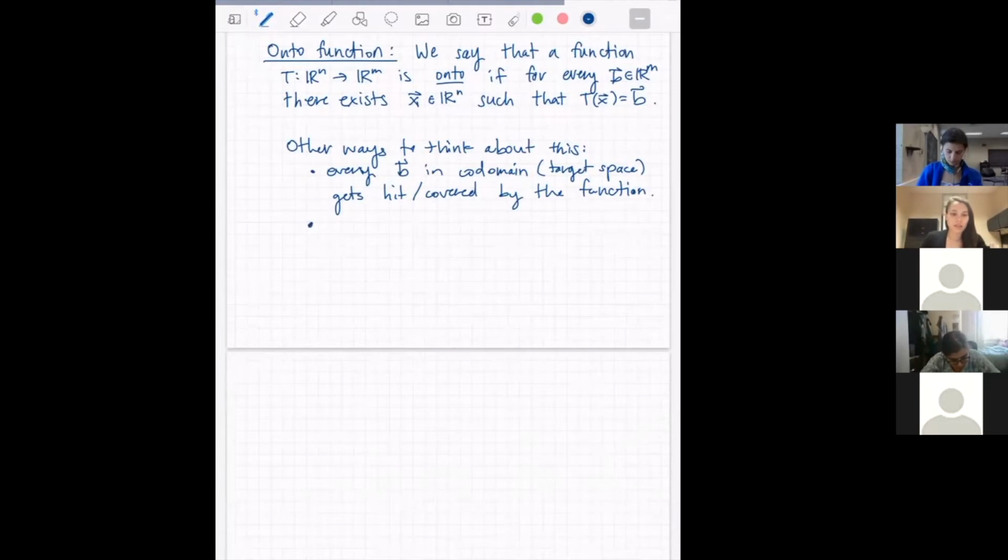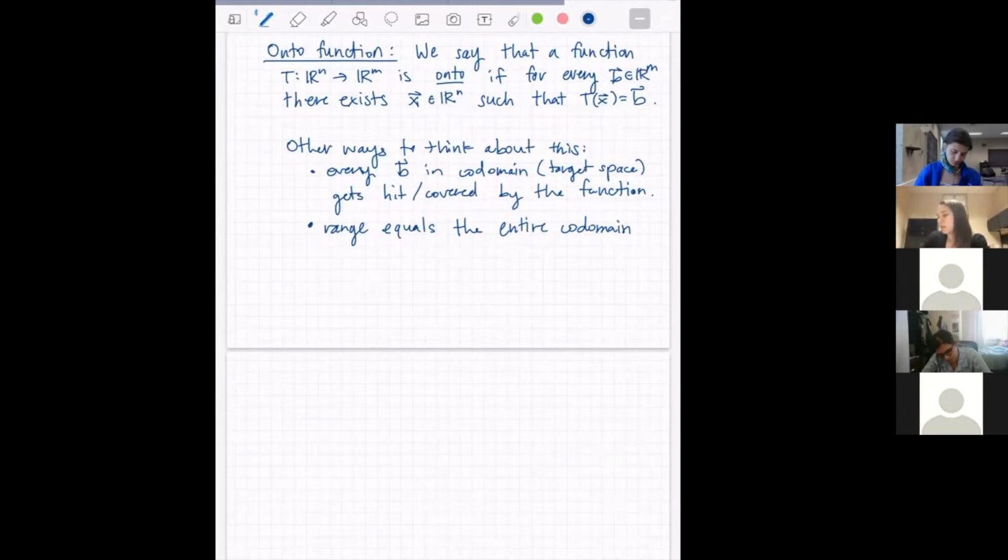Another way of seeing this is that the range, remember the range is the things that actually get hit by the function, is equal to the entire codomain. The range is always a subset of the codomain, right? It could be equal to it, but it is always contained in it.